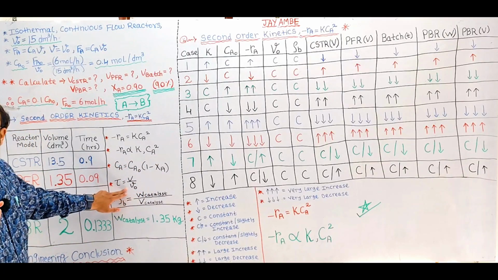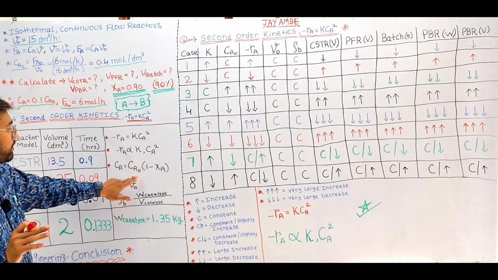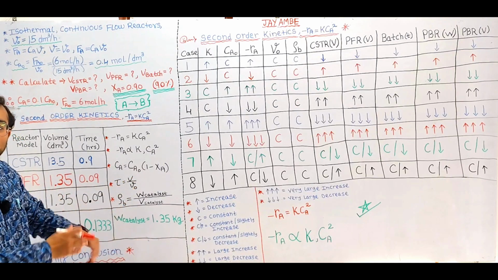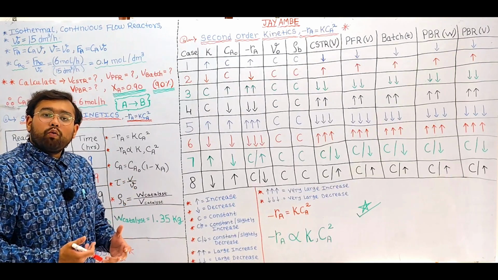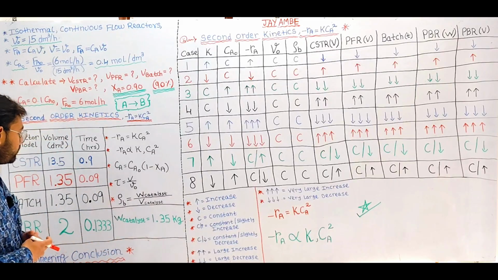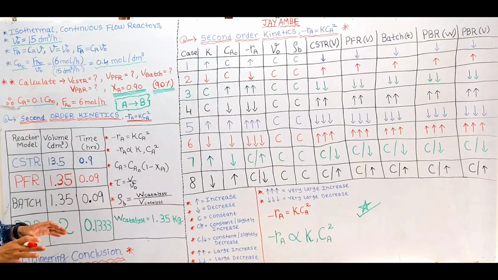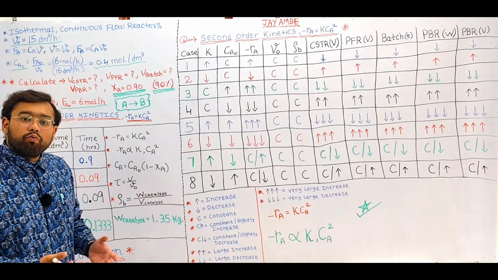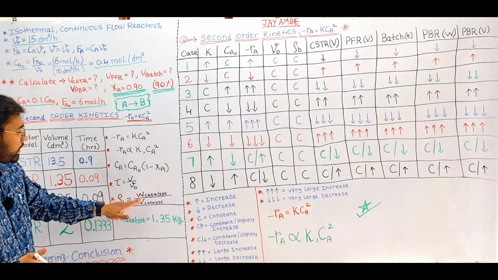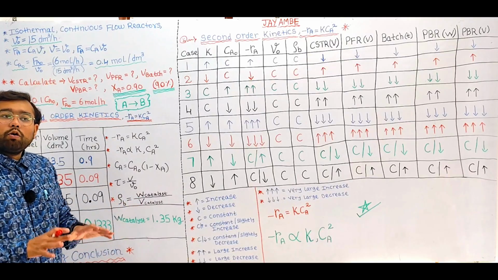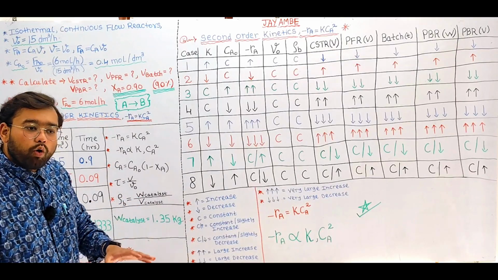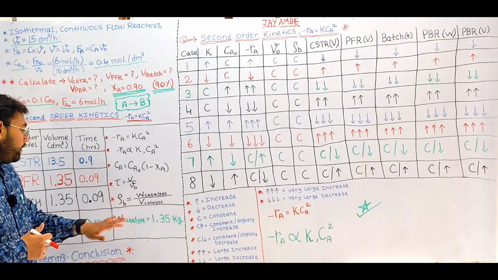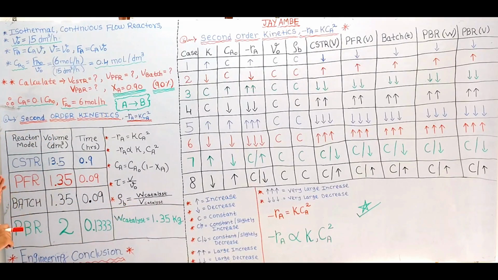We have used the fundamental concept of the space-time, the ratio of volume by its volumetric flow rate, by which we can calculate the time required to achieve the desired conversion. Now, we have also used the fundamental concept of the bulk density, where the bulk density is the ratio of the weight of the catalyst required divided by the total volume occupied by the solid catalyst, right? Okay, I hope you understood.